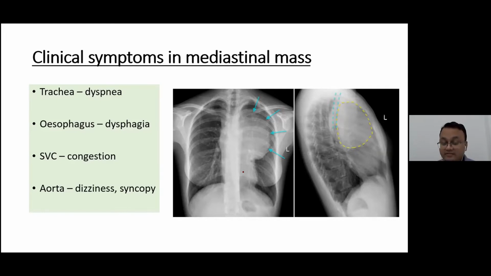The superior vena cava, if something is compressing upon it, the patient may come with symptoms and signs of head and neck congestion, right? And also the aorta, any compression to that, the patient may complain of dizziness, syncope, and so on. Sometimes people consider this as mediastinal syndrome, where the patient comes with various symptoms like this.